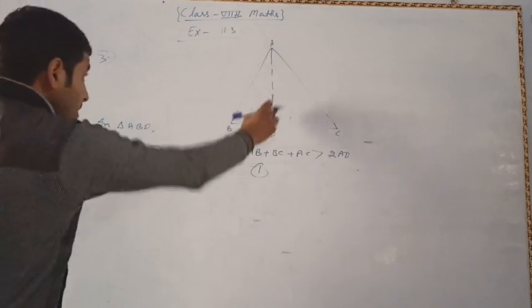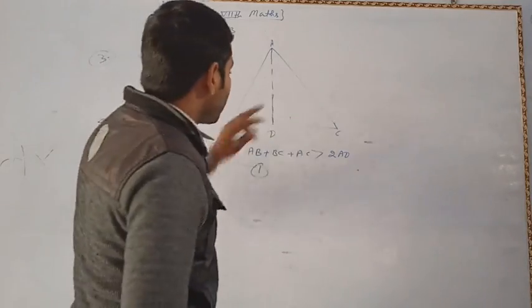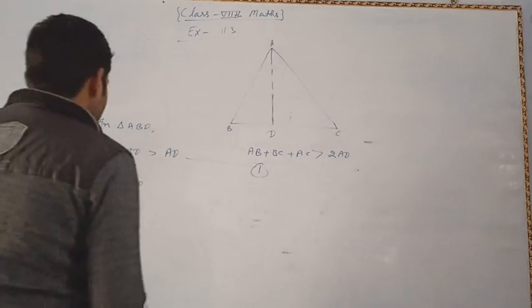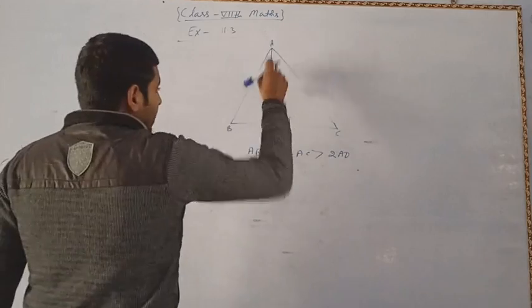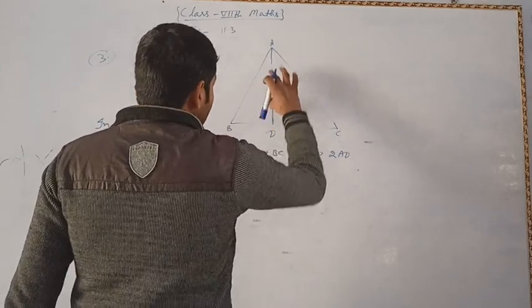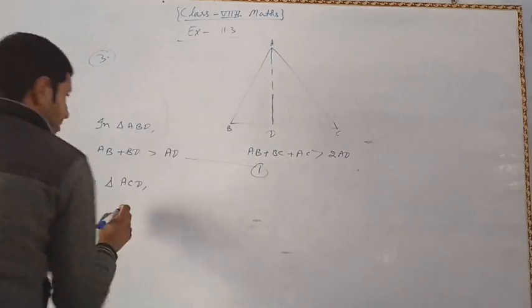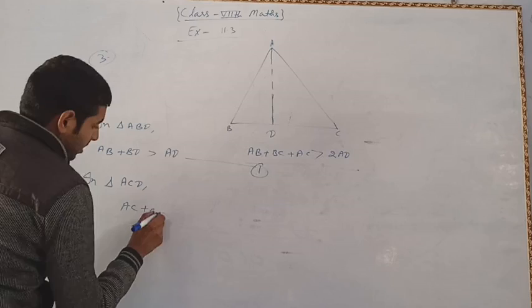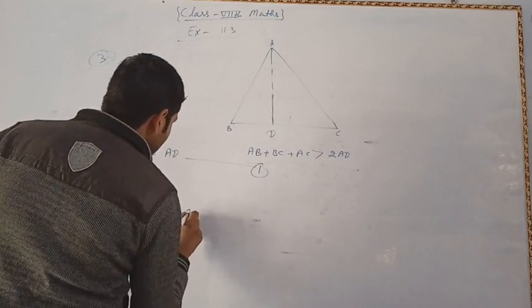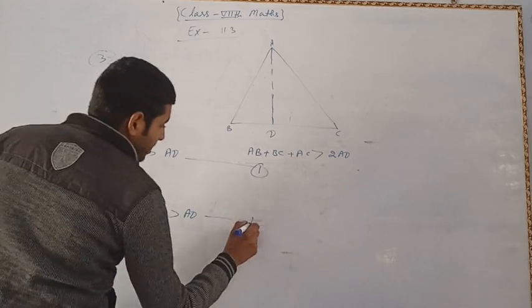Again, in triangle ACD, AC plus CD is always greater than AD. This is equation number second.